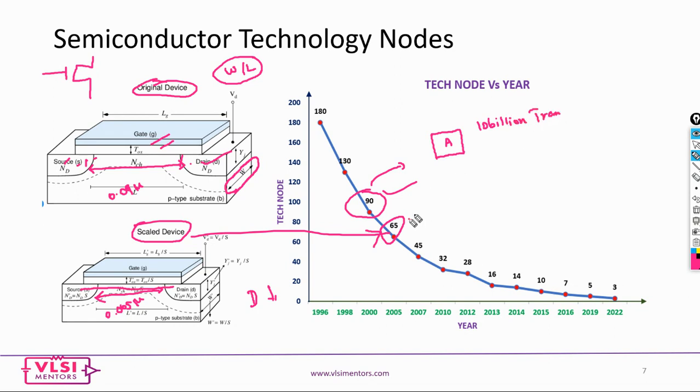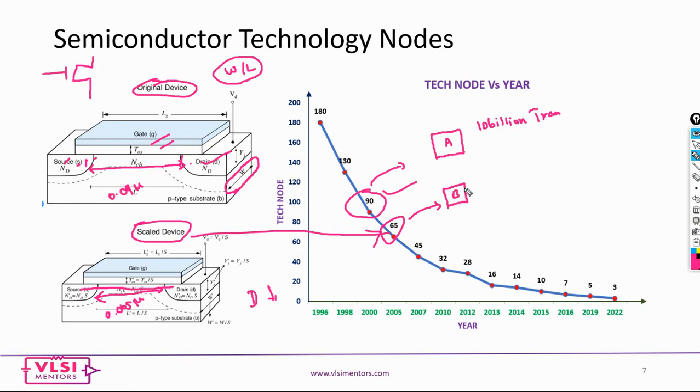Now when it comes to 65 nanometer, the same chip can be designed, and the size is shrunk for exactly the same performance. So you will have your size reduced and your power consumption also reduced. So that is the advantage.